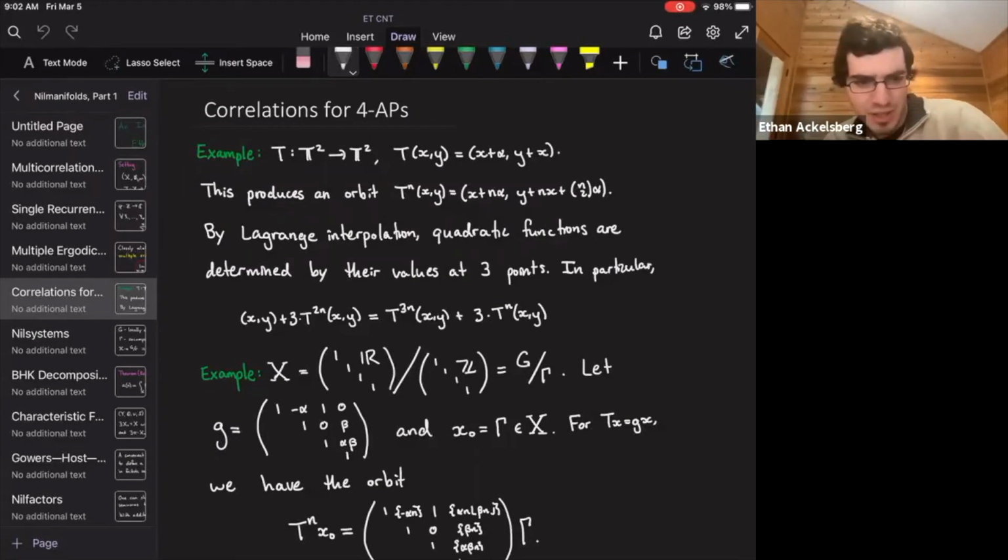And so once we know where our point is, where it is under T to the n and under T to the 2n, T to the 3n can only be one place. So this quadratic behavior is going to influence how 4-term arithmetic progressions can be appearing.